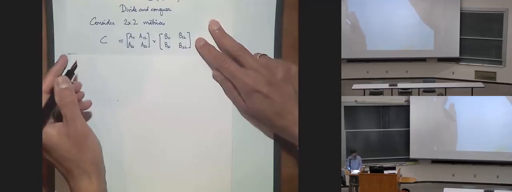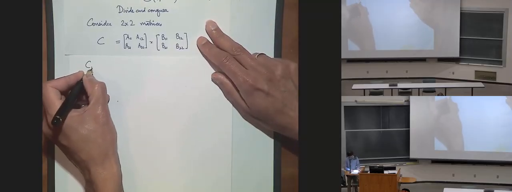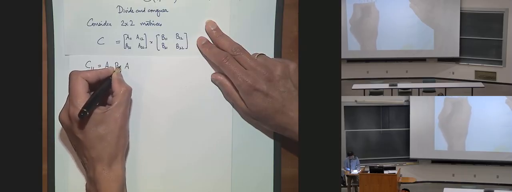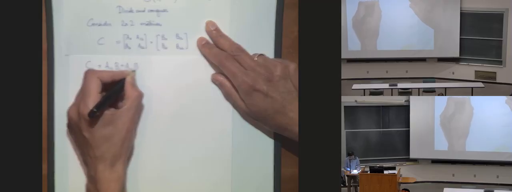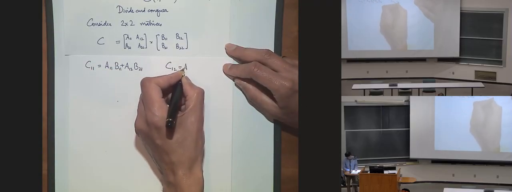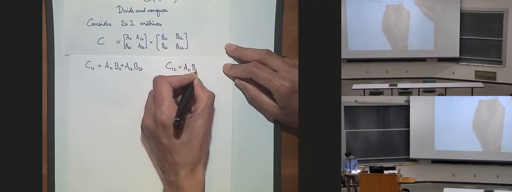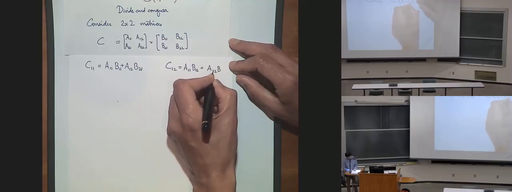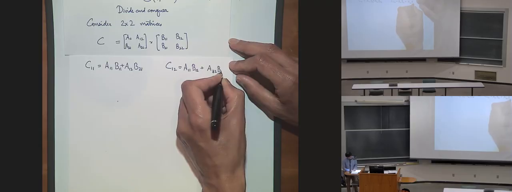So if you write out what C is, C11 is A11 B11 plus A12 B21, and C12 is A11 B12 plus A12 B22.